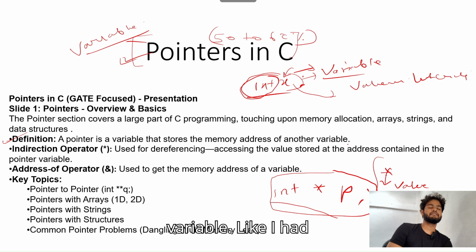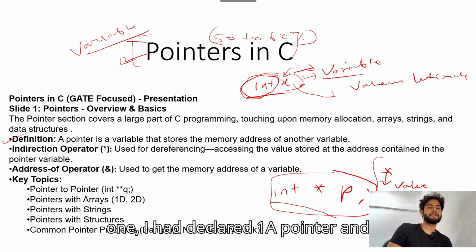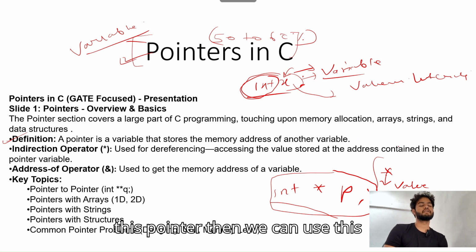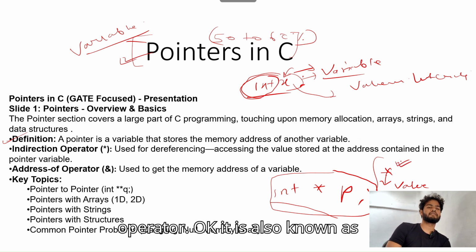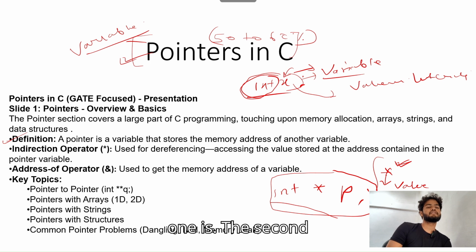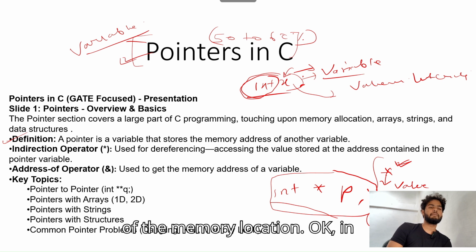If I declare one pointer and want to access its value, then we can use this operator. It is also known as the indirection operator. The second one is the address of operator, which is used to print or find out the address of the memory location.